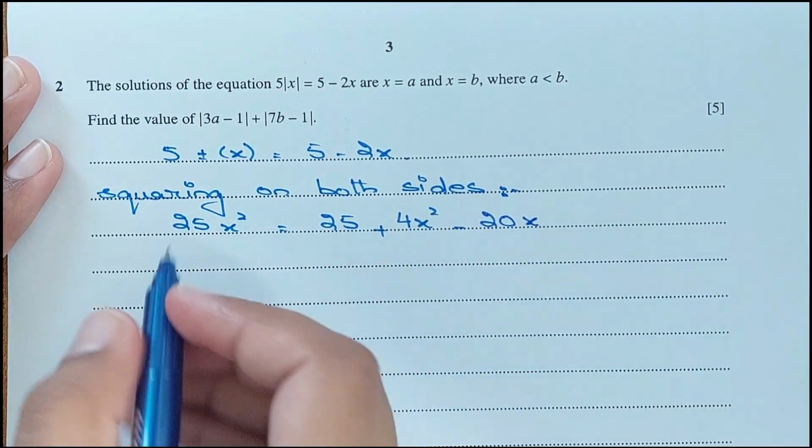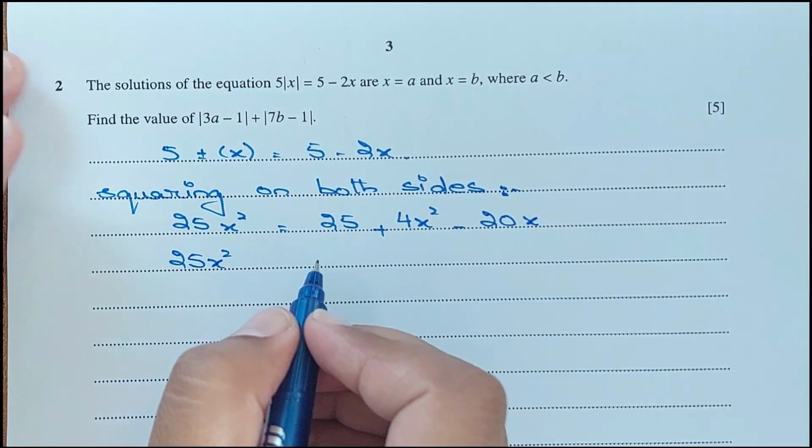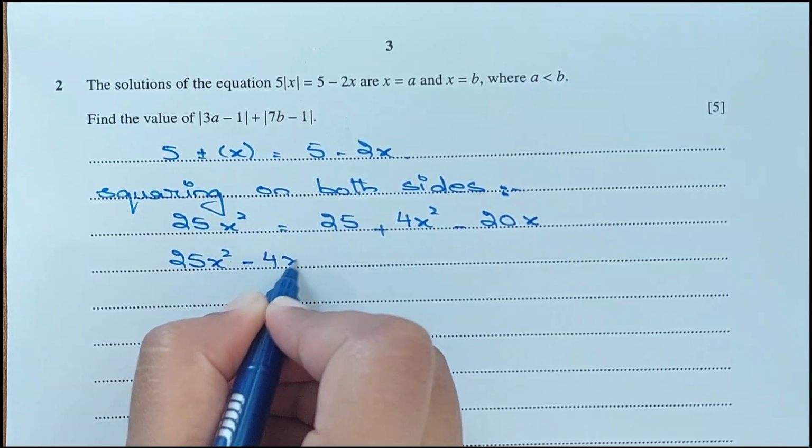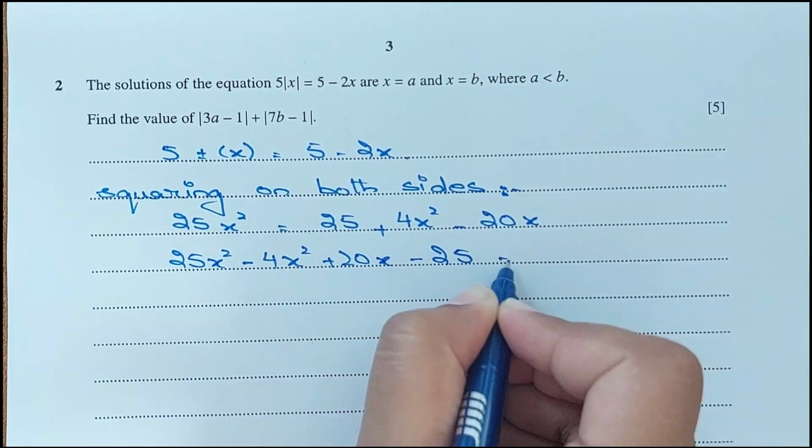Shifting all the terms to one side, we get 25 - 4x squared + 20x - 25 = 0.